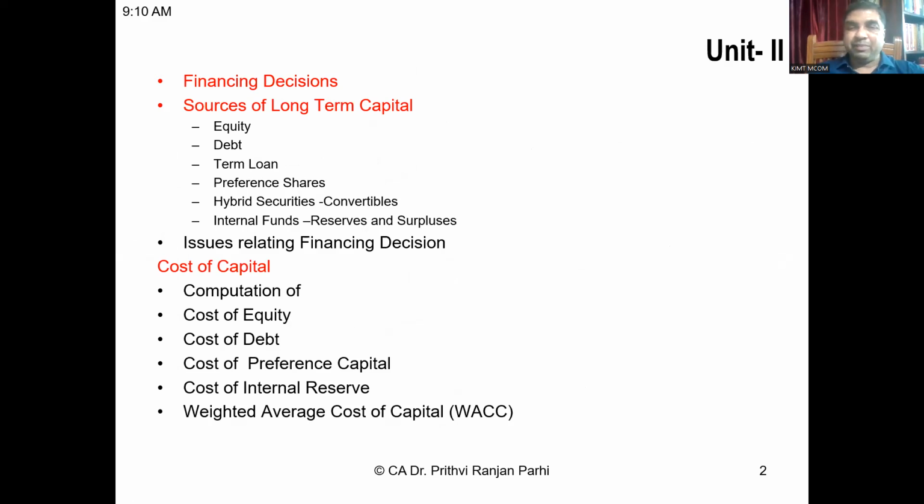These are the sources, that means through these means, we get long-term capital. So these sources include equity, debt, term loans, preference shares, hybrid securities, internal bonds. Internal bonds, which is reserves and surpluses, are part of internal bonds.